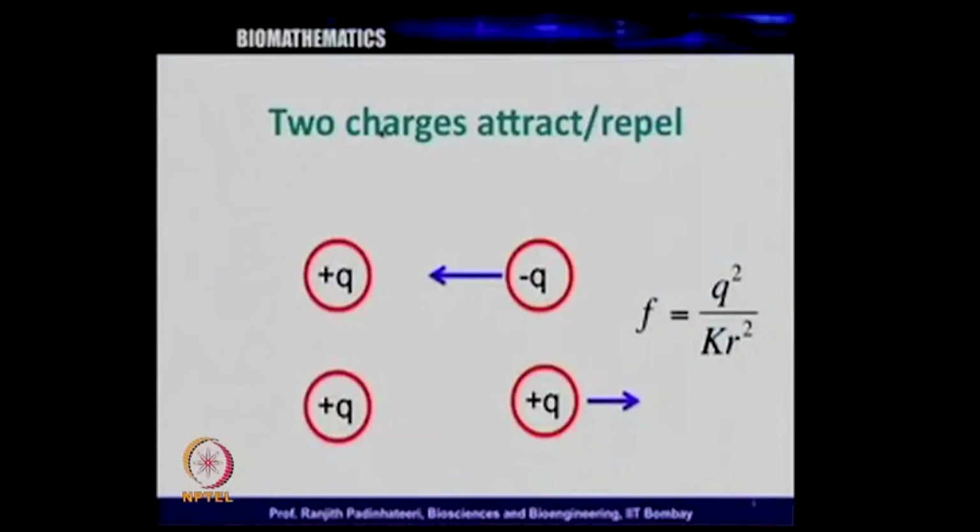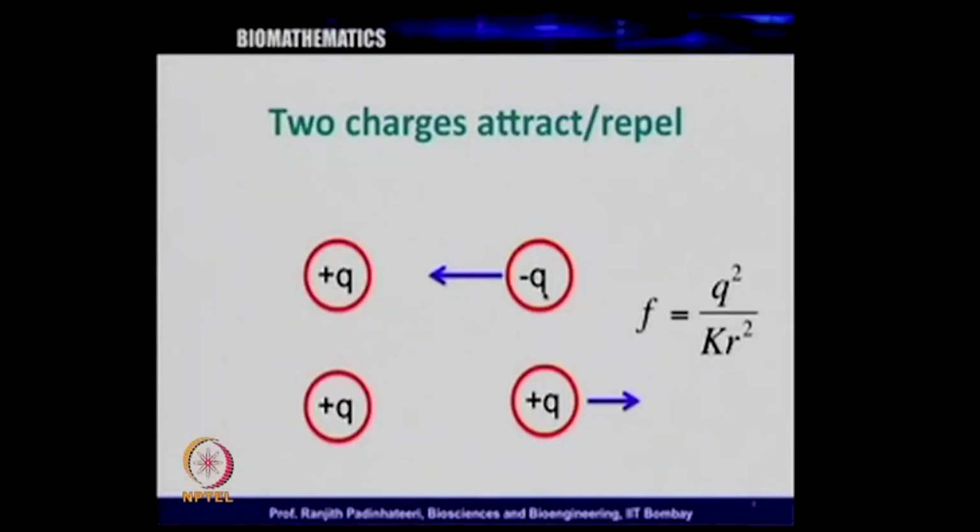The first question about charges actually is this; have a look here. We all know that two charges, if they are positive and negative, opposite charges, attract, and when they are the same charges, they repel. So, charges either attract or repel. If you have a plus q and a minus q, then they attract.